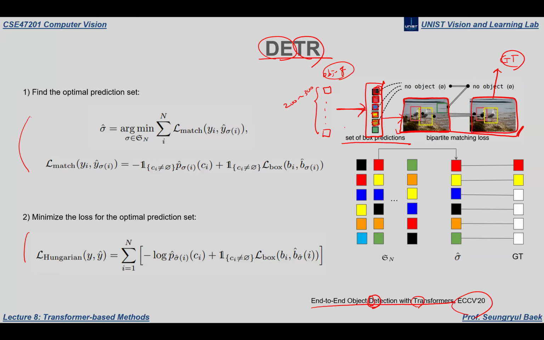And this is visualizing the ground truth. Okay, so the ground truth image has only two objects inside, but because we have this number of object queries as the input to the decoder of the transformer, we are actually estimating the same number of outputs, but most of them will map to no object.